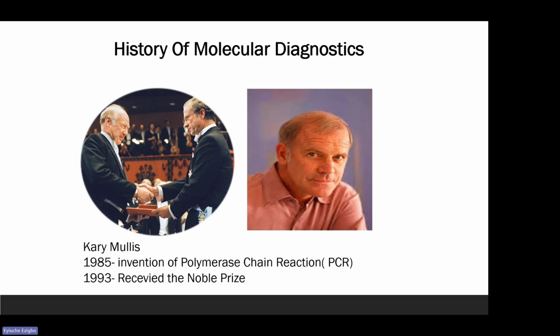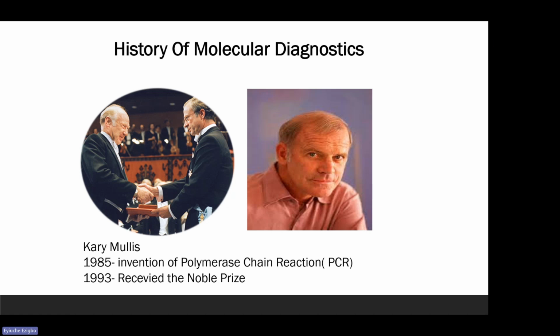So this is Kary Mullis, who invented the PCR, the polymerase chain reaction. And he received the Nobel Prize for this discovery in 1993 because his discovery helped to study the gene structure, the DNA, the codes, the genetic sequence, the genetic code.